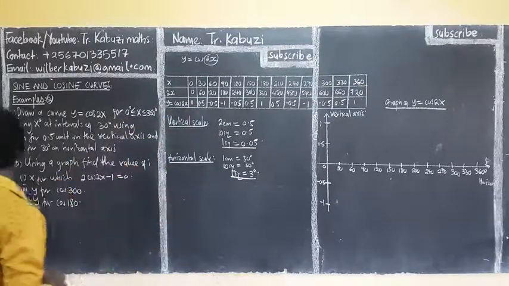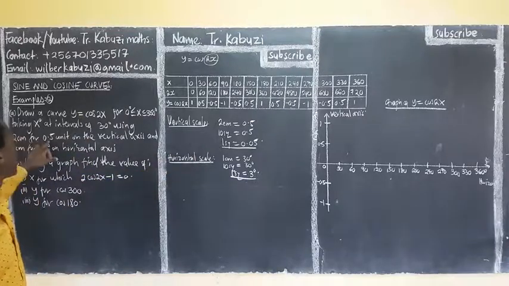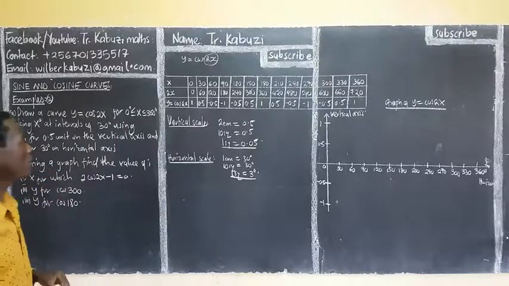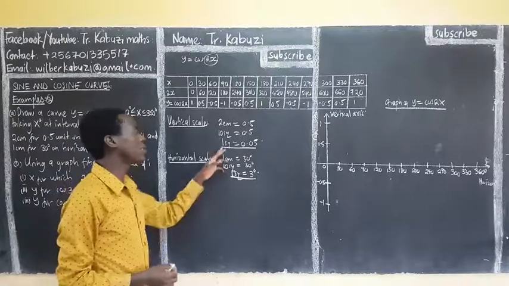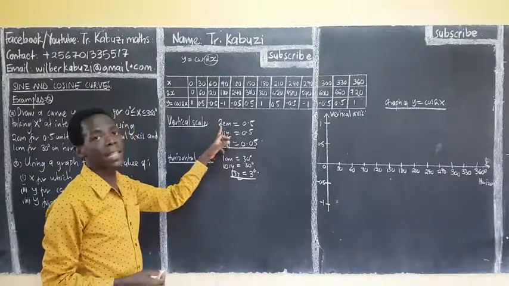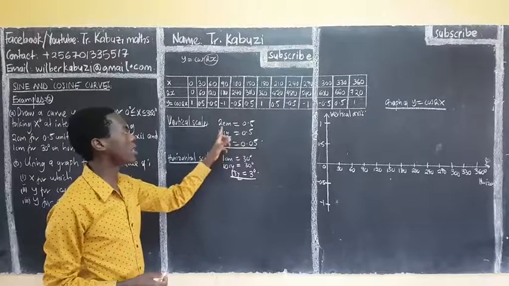Be careful there. Now, they gave us the scale: 2 centimeters for 0.5 on the vertical, and 1 centimeter for 30 degrees on the horizontal. In simple terms, you always want to know what each small square represents. Remember, 2 centimeters have 10 small squares, so 10 small squares equal 2 centimeters.